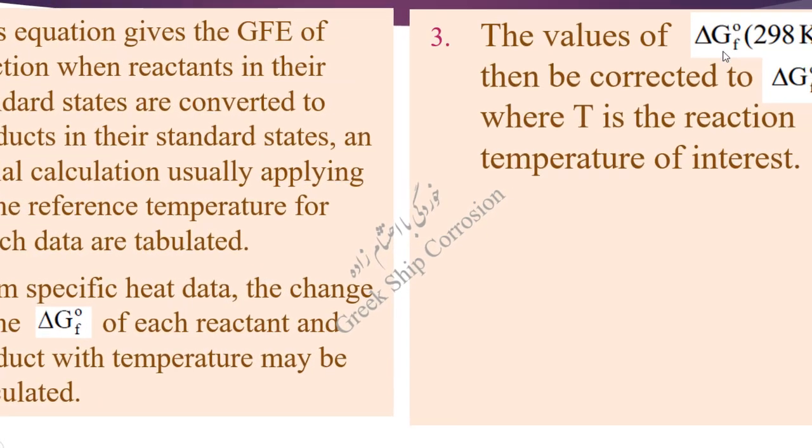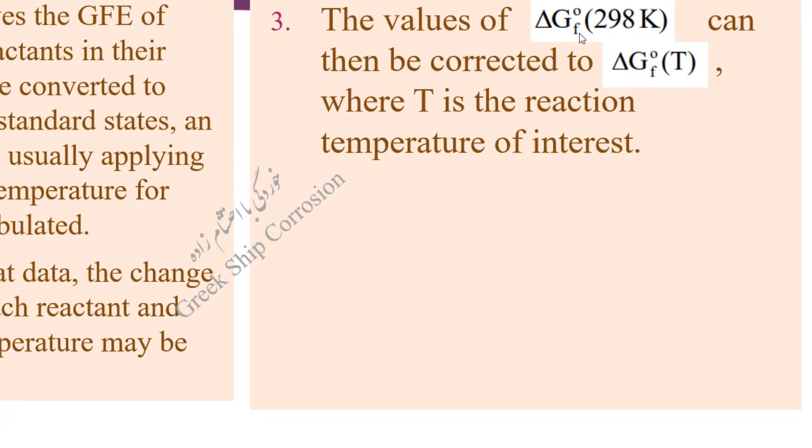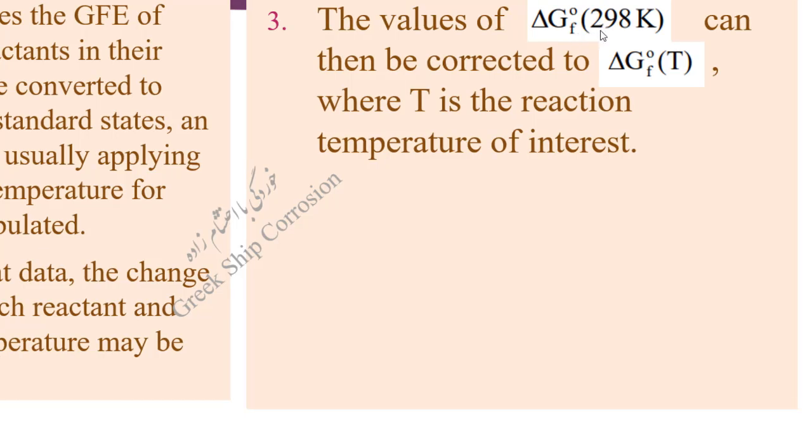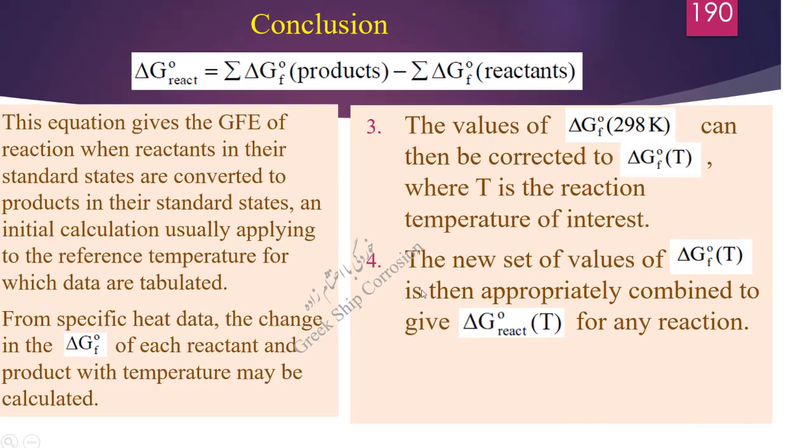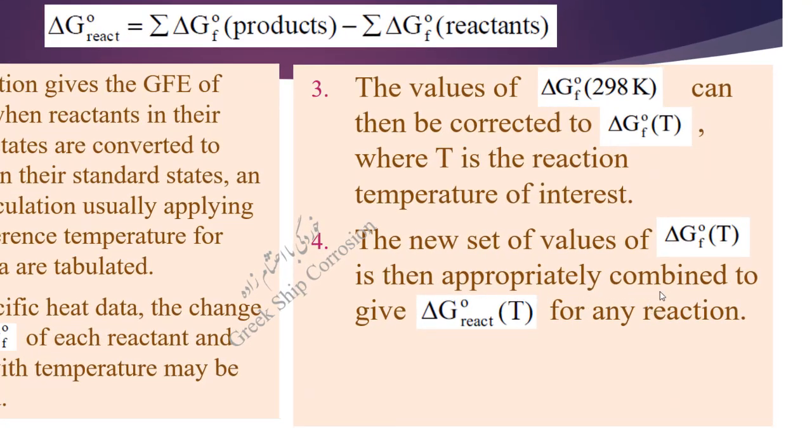The values of the standard Gibbs free energy of formation at 298 Kelvin can then be corrected to the standard Gibbs free energy of formation at temperature T, where T is the reaction temperature of interest. The new set of values of the standard Gibbs free energy of formation at temperature T is then appropriately combined to give the standard Gibbs free energy of the reaction at temperature T for any reaction.